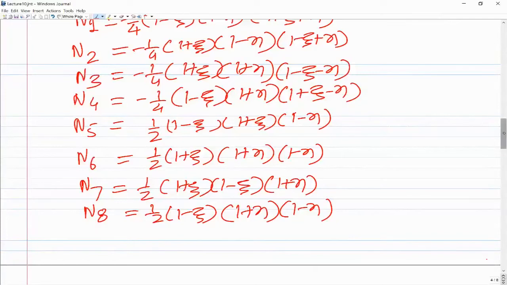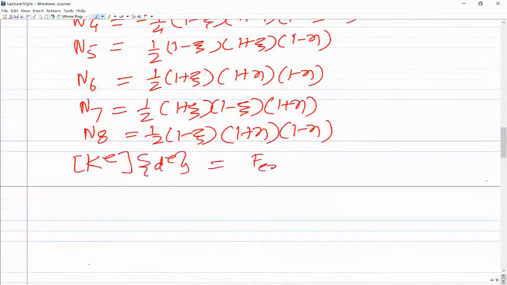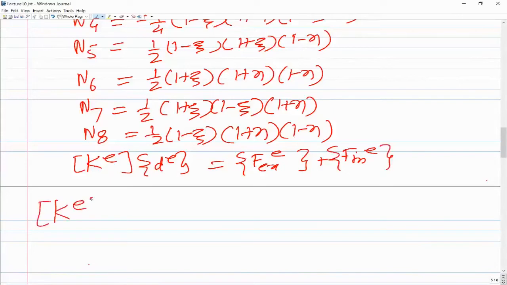And then at the element level, all the other steps are the same. So you will have the element level governing equation as Ke into De is equal to F external for the element plus F internal for the element. Again, know that all these quantities will be evaluated using Gauss quadrature numerical integration.